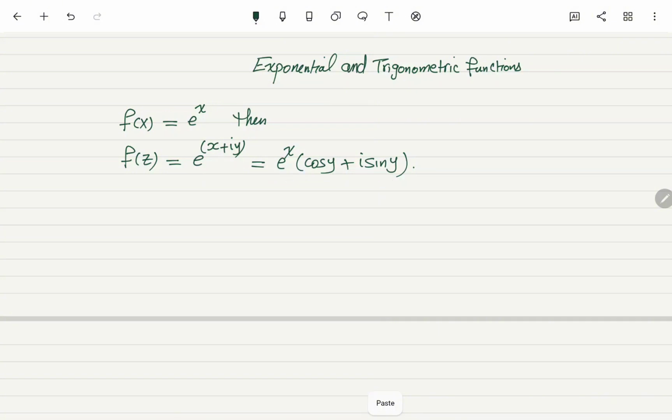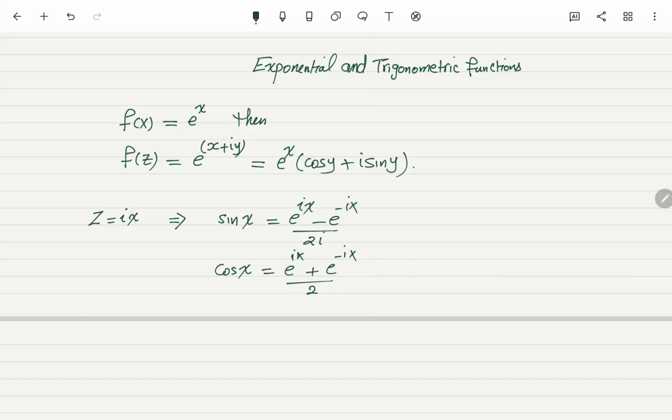As a special case, when z is a pure imaginary variable, like if z equal to ix, therefore we will get sine x equal to (e to ix minus e to minus ix) over 2i, and cosine x will be equal to (e to ix plus e to minus ix) over 2.